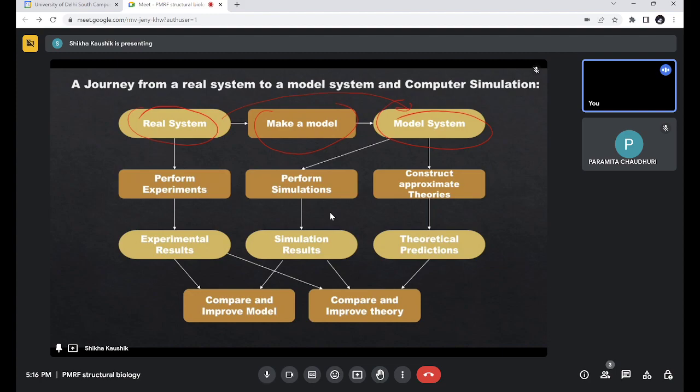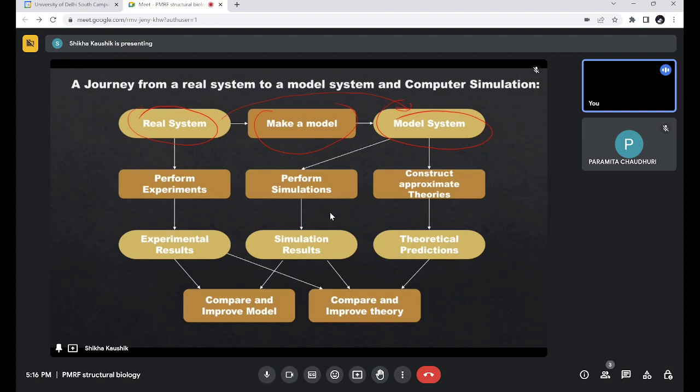But when we make a model to mimic this real system, we generate a model, we perform certain simulations, and we also construct certain theoretical speculations. If we do a simulation, we have a simulation result. Or if we are using theories based on hypotheses and theoretical laws, and trying to prove some hypothesis, that leads to a theoretical prediction.